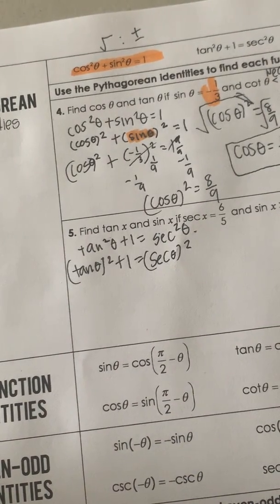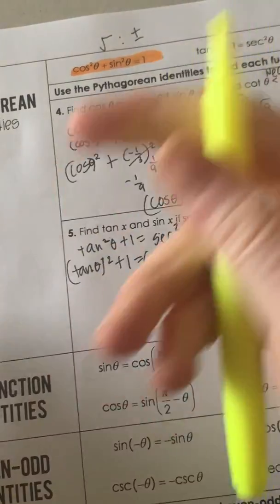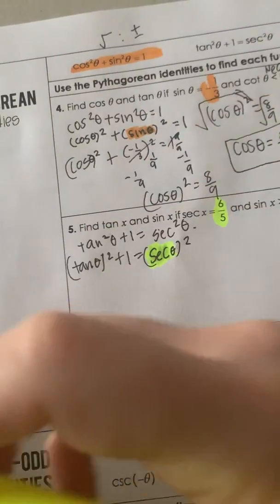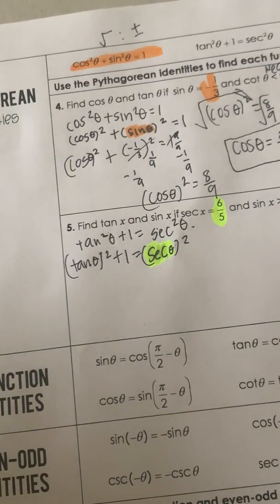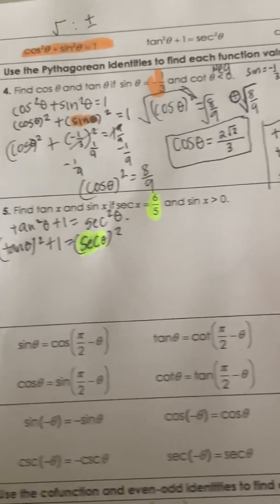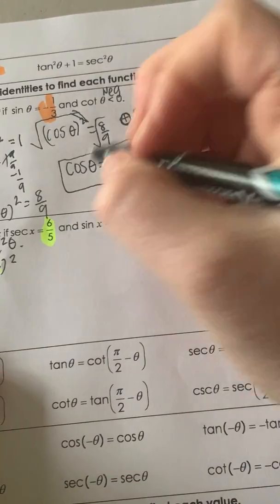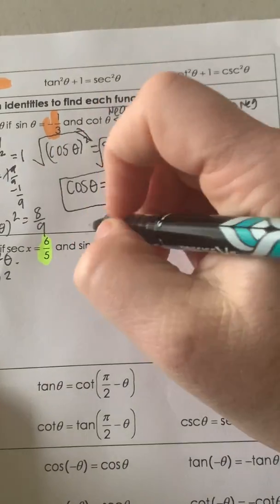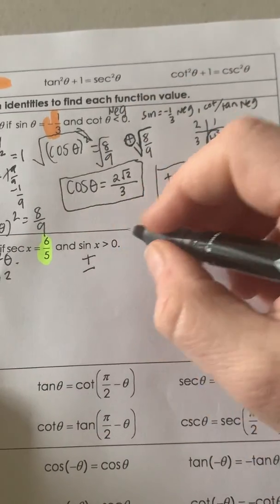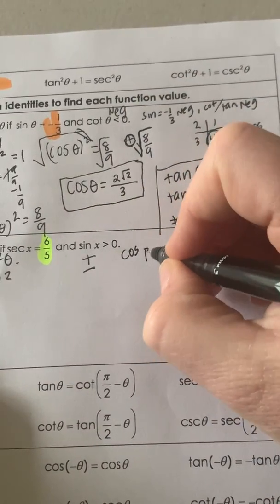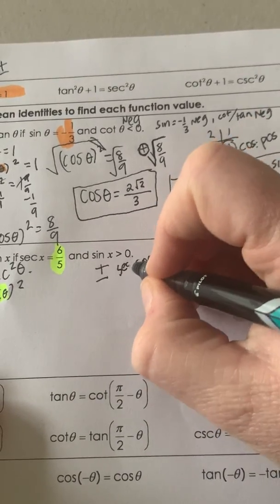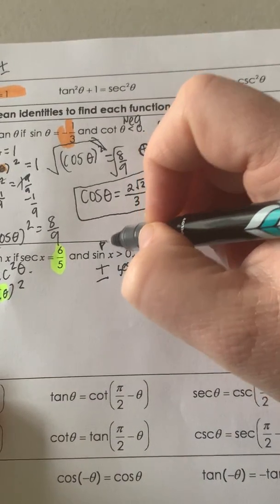And we know secant theta, so I'm going to plug 6/5 in for secant theta. And then we're eventually going to have to square root, so let's decide if we're going to use the plus or minus. I have a secant, which deals with cosine being positive. So our secant and cosine are positive, and this means sine is positive.